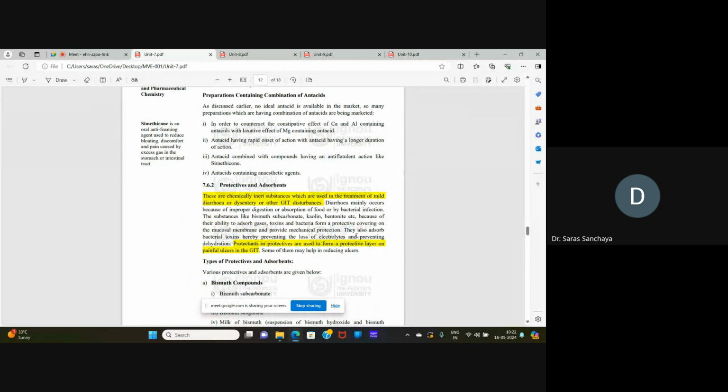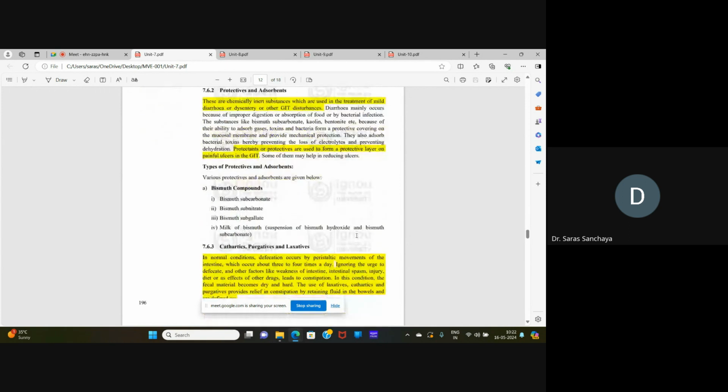These are chemically inert substances which are used in the treatment of mild diarrhea or dysentery or other GIT disturbances. Protectants or protectives are used to form a protective layer on the painful ulcers in the GIT, like bismuth compounds. And the last one is cathartics, purgatives, or laxatives.